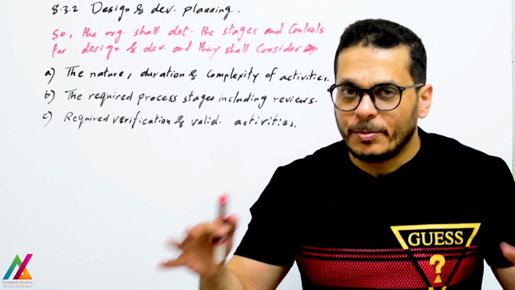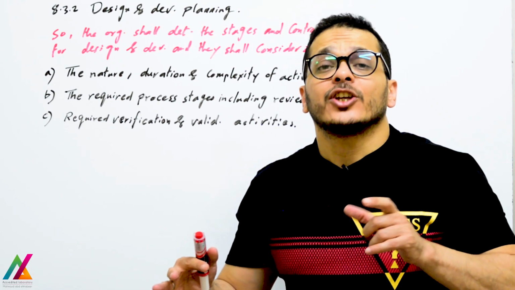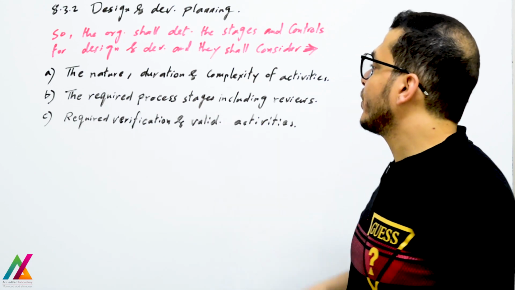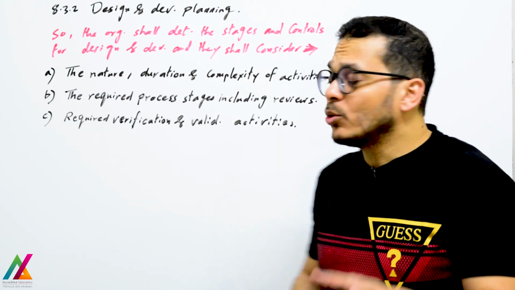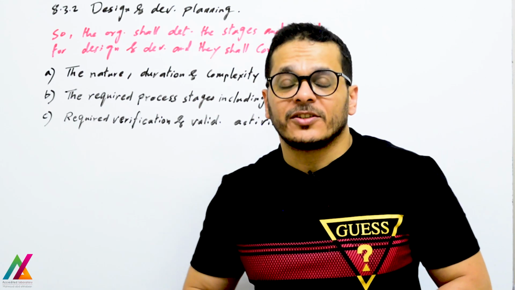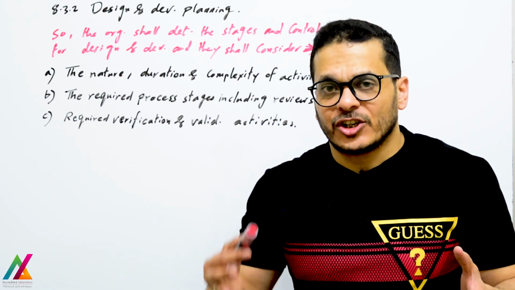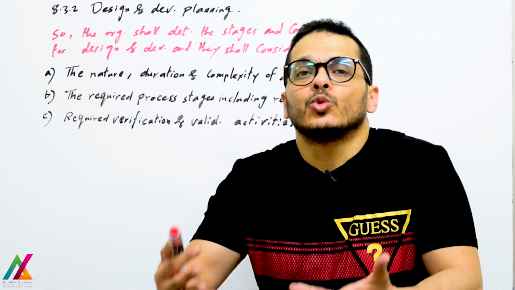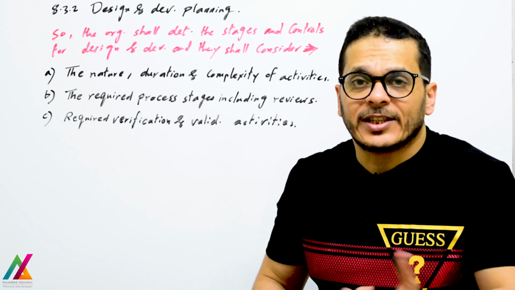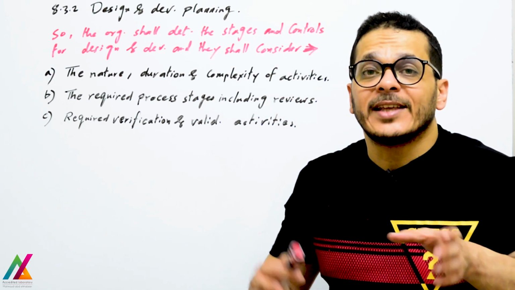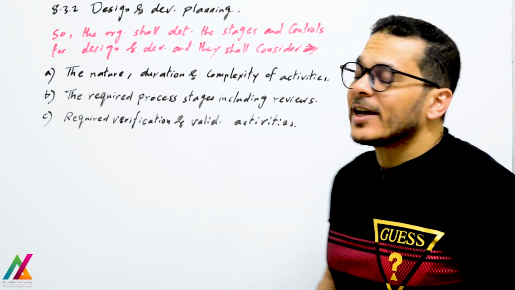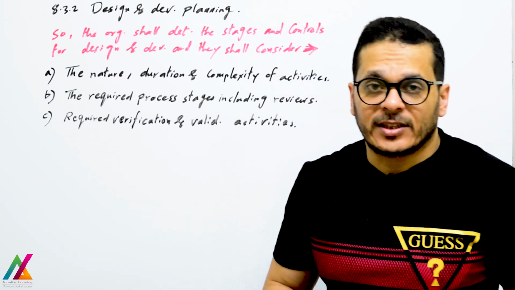So planning will be different based on the nature, duration, and complexity of the project, and the required process stages, including applicable reviews. What are the stages required for this process, and what are the required reviews to ensure that the product or service will be provided as required, and at the end, the required verification and validation activities.